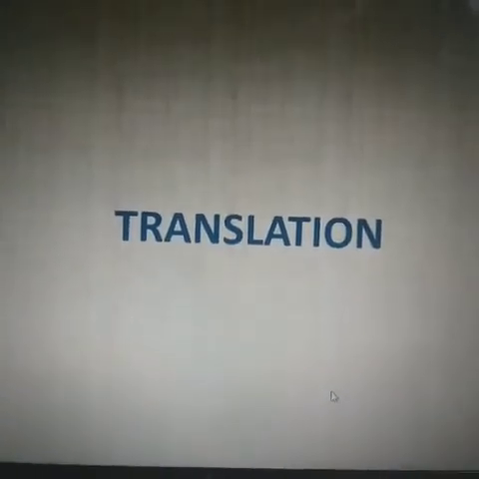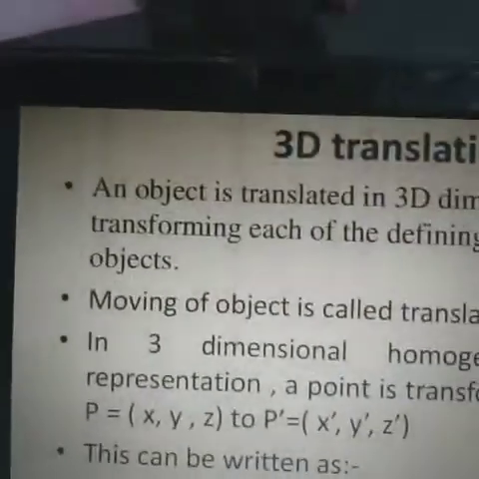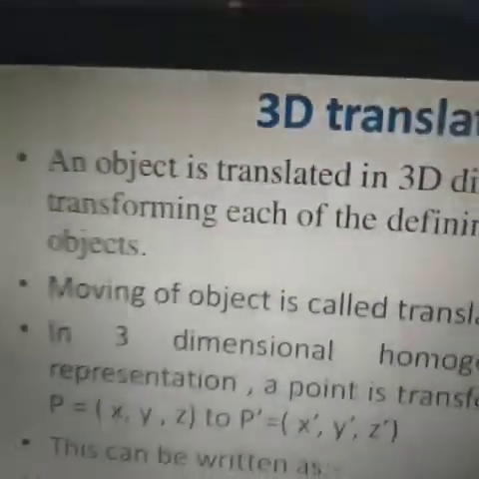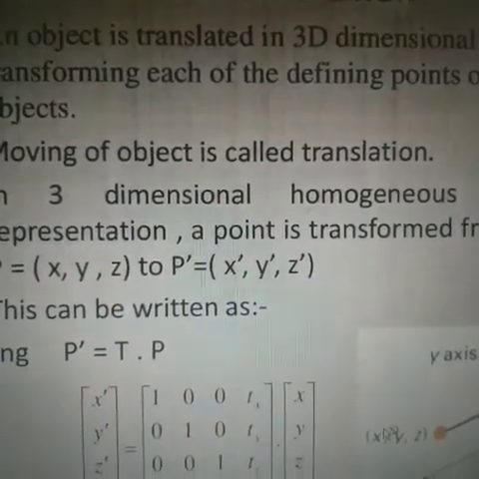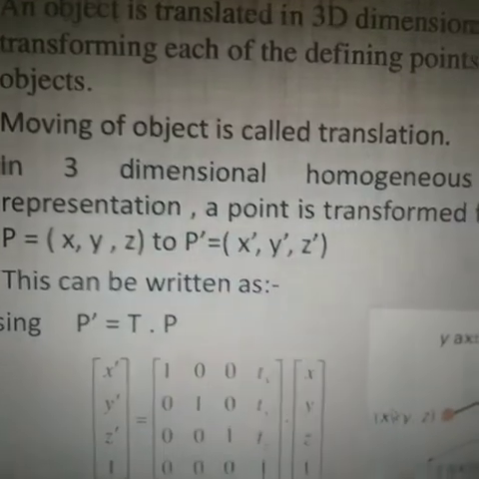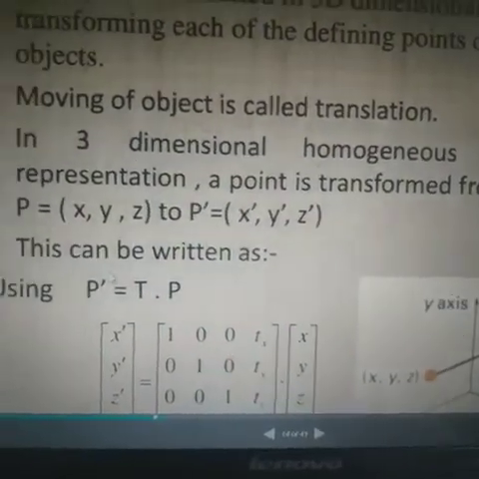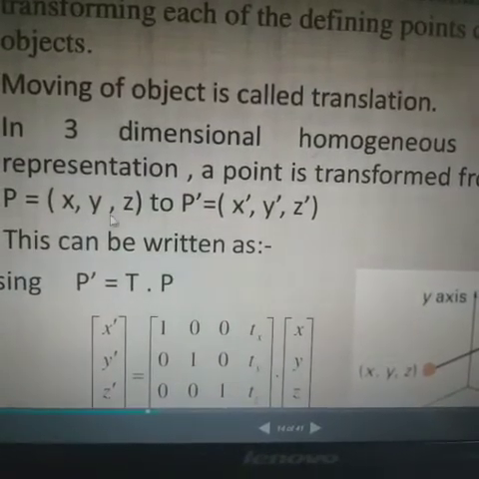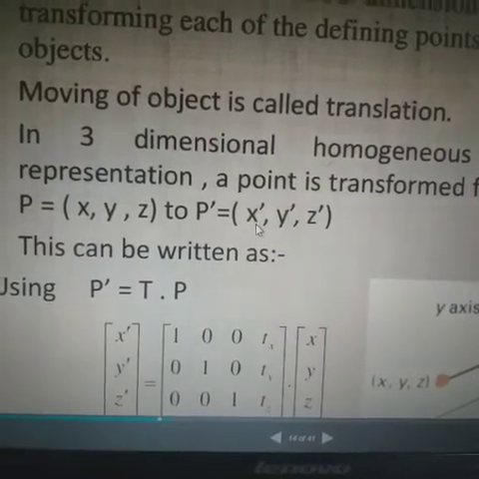We discuss the very first, that is translation. Translation is basically used to translate an object. A simple way of moving any object is known as translation. In the case of three dimensions, if we have the point x, y, and z, we have to translate it to a new location.